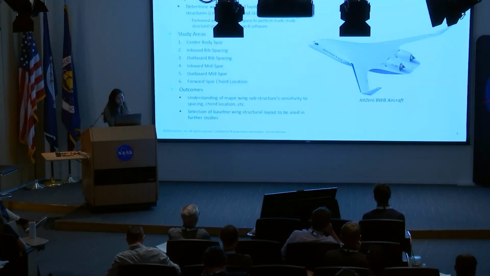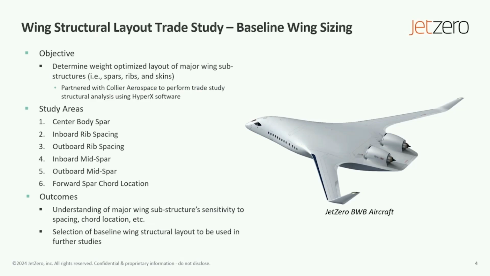So for step 2, to get the baseline wing sizing, we worked with Collier for quite a number of months in order to determine the weight optimized layout for our major wing substructures. So we studied these specific areas, and there were 2 major outcomes.